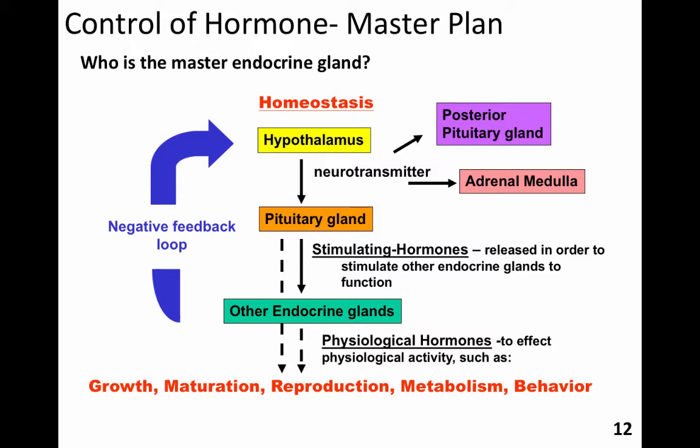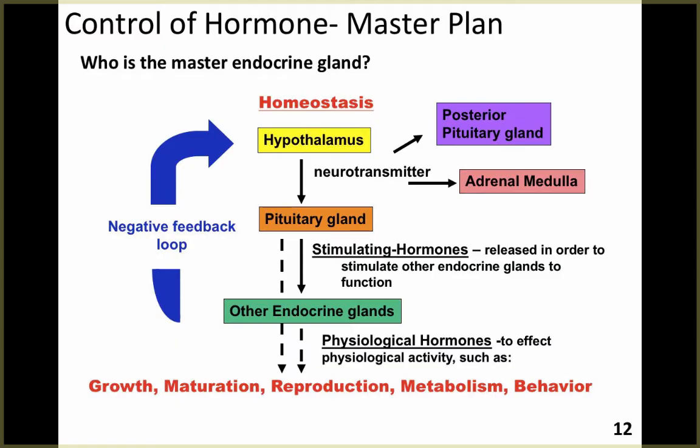We have the hypothalamus, which helps to regulate basic autonomic functions in our body, and it releases a neurotransmitter and talks to the pituitary gland. There are two parts of the pituitary gland: the anterior pituitary gland and the posterior pituitary gland.